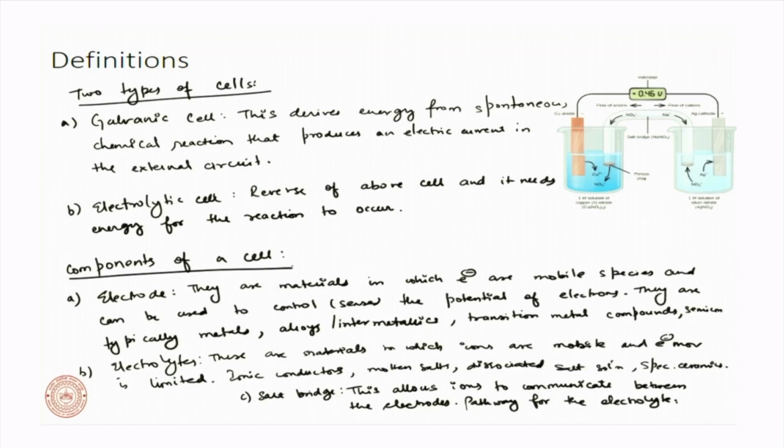Right. So, a salt bridge is something that allows the ions to flow through. It will absorb the electrolyte and it will connect the two electrodes, but will not allow electrons to transfer, only the ions can transfer between them.